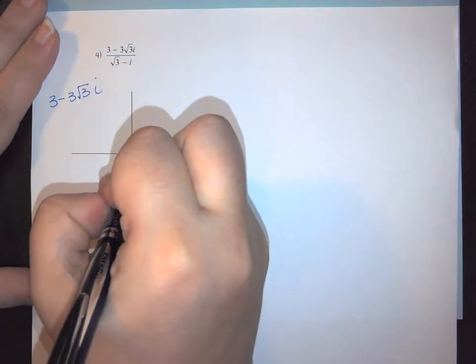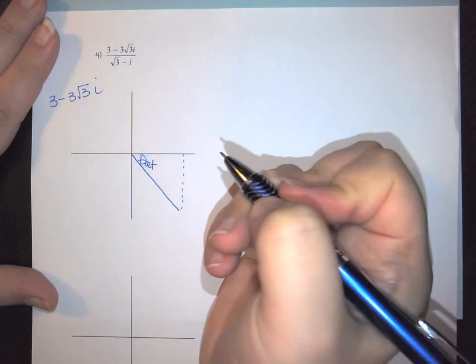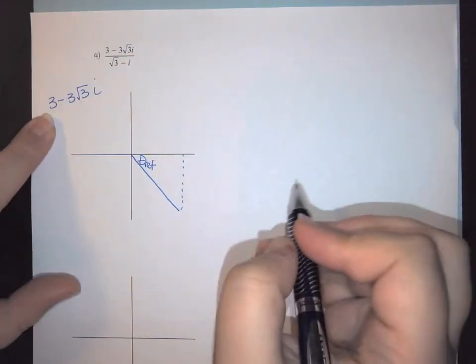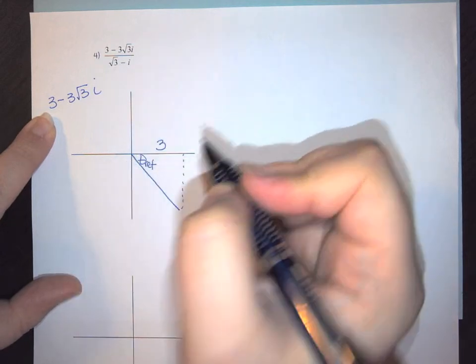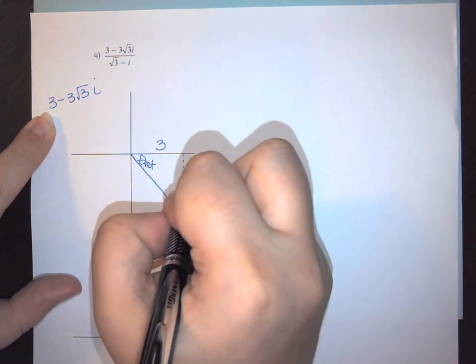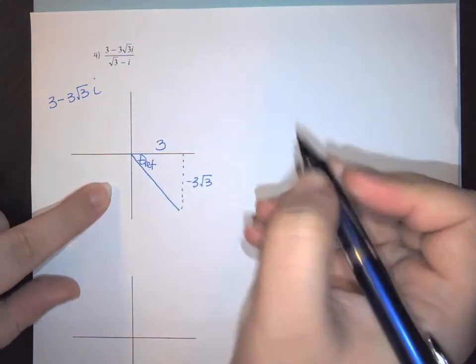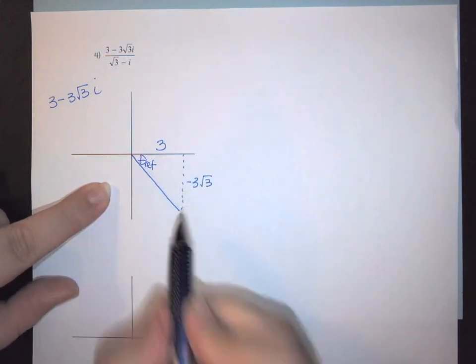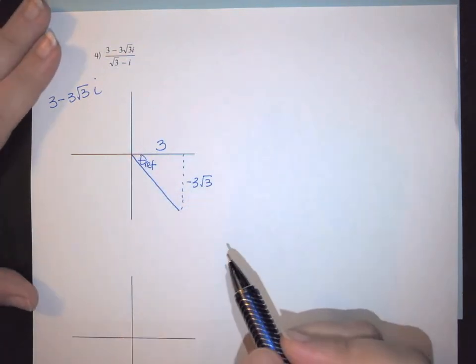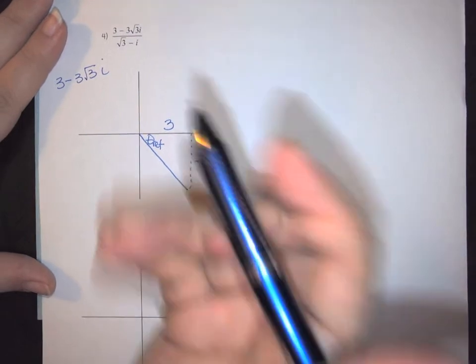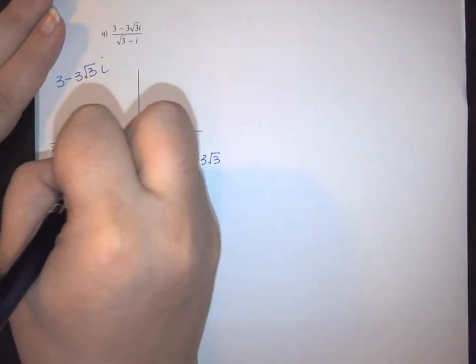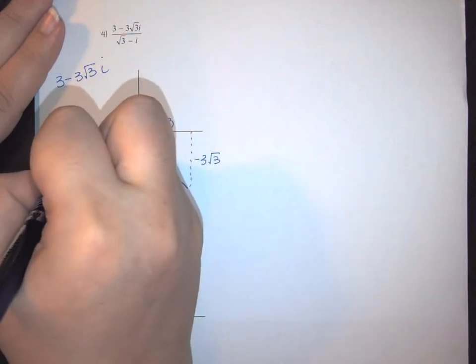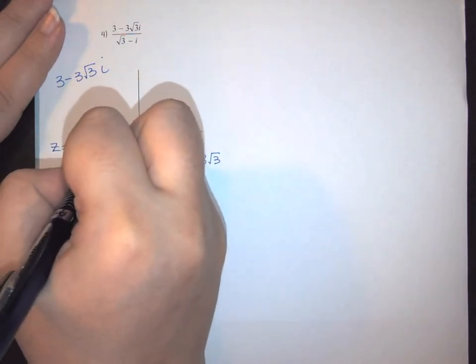So this is going to be our reference angle. Again, we're going to have my x, which is 3. We're going to have the y, which is negative 3 square roots of 3. We need to find the length of our radius here, and so again, remember, z is equal to the square root of a squared plus b squared.